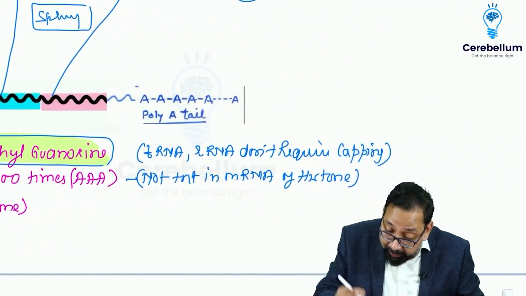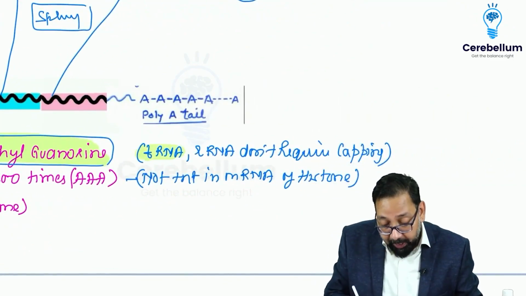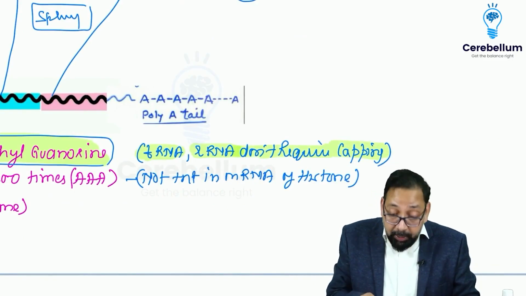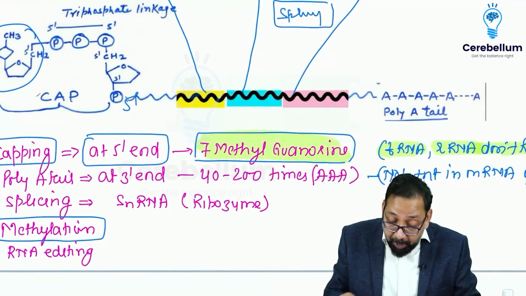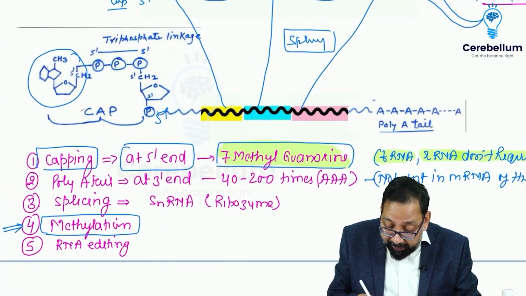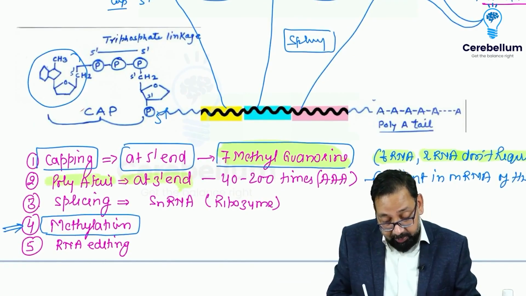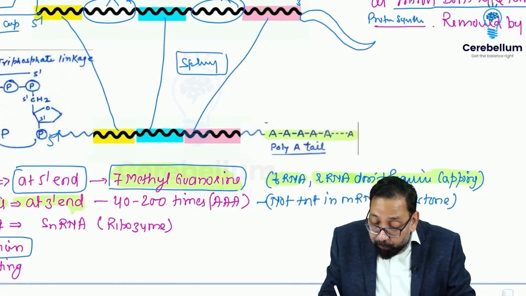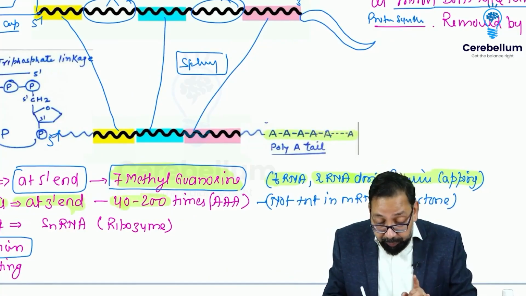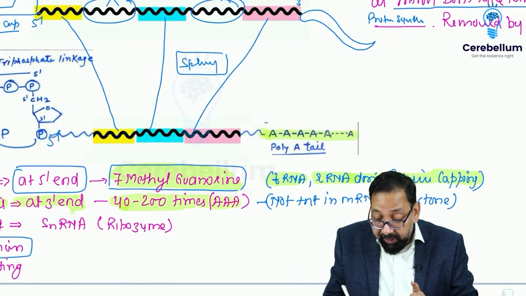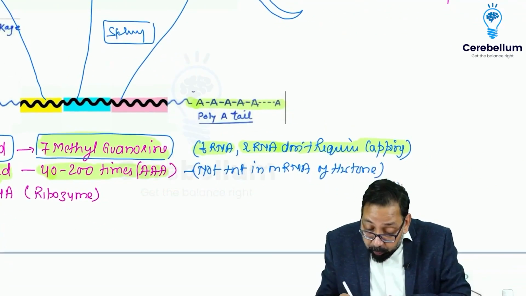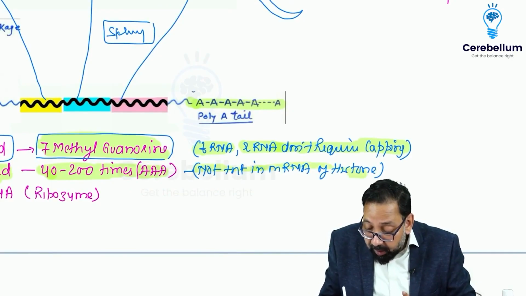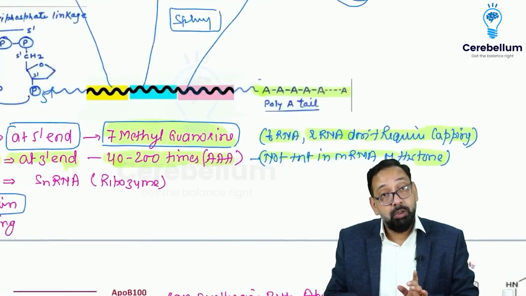A question is asked that transfer RNA and ribosomal RNA don't require capping. Second modification, poly A tail at 3'. This poly A tail is AAAA, 40 to 200 times, at 3'. Question: poly A tail is not present in the messenger RNA of histone.